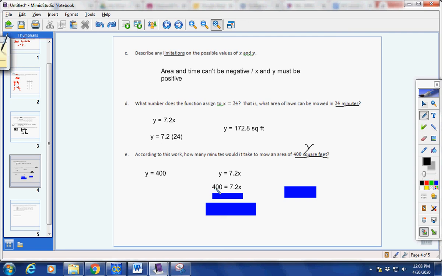In this case, we're solving for x, it's our unknown. So we're going to divide each side of the equal sign by 7.2. 7.2 divided by 7.2 is 1x. And then we just go 400 divided by 7.2, and what that ends up being is 55.55555 repeating. So if we're going to approximate it, we're going to say it's about 56 minutes.